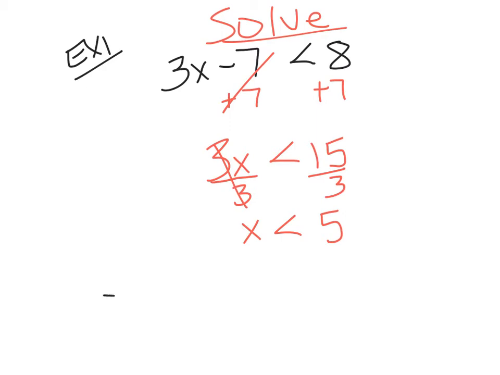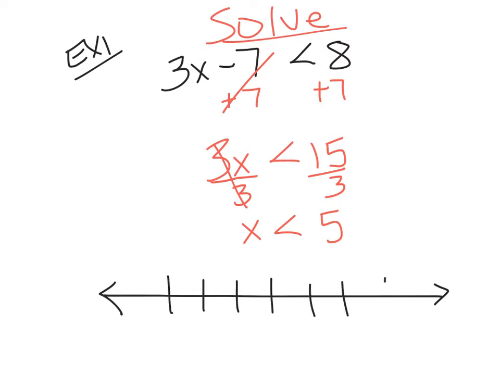The last thing that I ask you to do is to graph this. So you're going to draw a number line. You can draw multiple lines if you want, or you can just say, hey, this is where 5 is. I don't have a preference either way. Now to graph this, it doesn't have an equal to sign underneath here. It's just less than. So in that case, you're going to do an open circle.